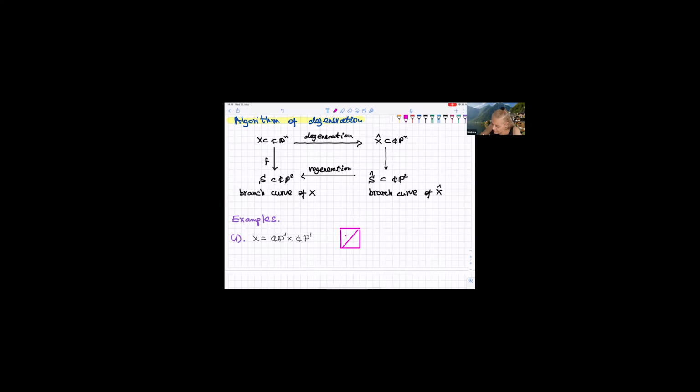But I will tell you only that we have two triangles here, and each triangle represents a CP square, some plane. So it means that in this case, X hat is a union of two CP squares. So this is the easiest case.